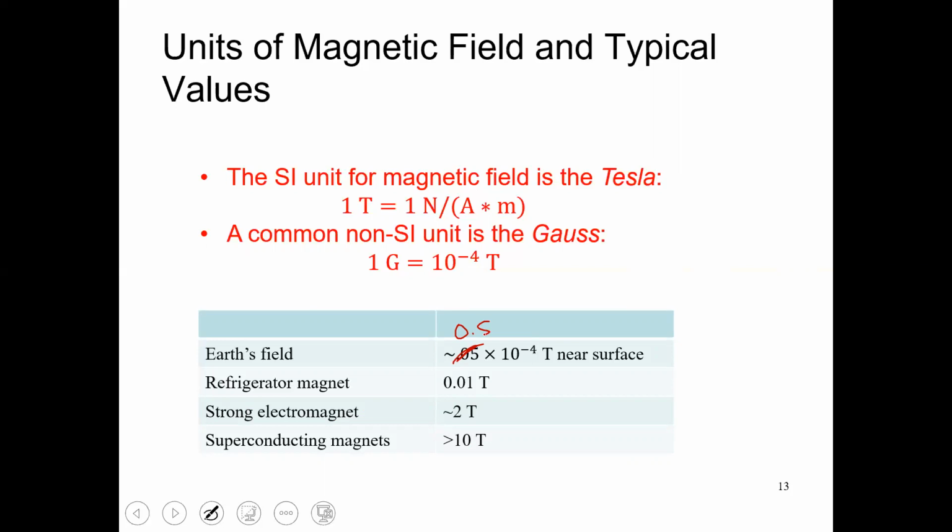Your refrigerator magnets are in the hundreds of Gauss. A strong electromagnet would be maybe about 2 Teslas. And superconducting magnets are getting up above 10 Teslas, like the things in the NMR machine that the chemistry department has. Much bigger than that, the magnetic field actually destroys the item that's being magnetized. So much bigger than that is not really possible without destroying the magnet.